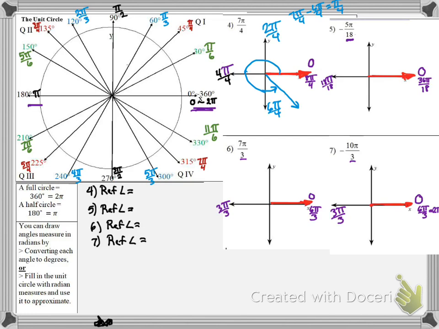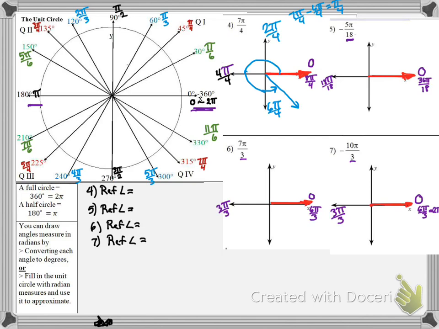Let's do number 5. I need to go negative, so I need to go down. If you look at our circle that we already drew, there's nothing there with 18 on the bottom, so we're kind of on our own here.